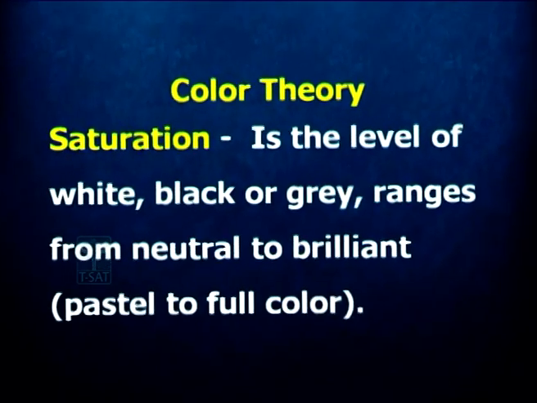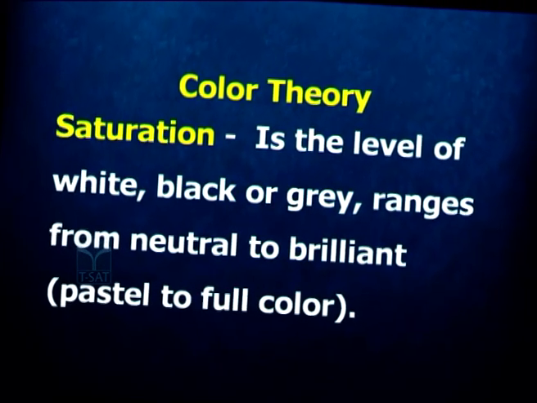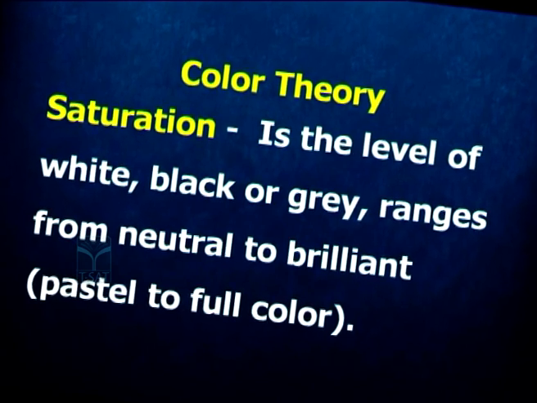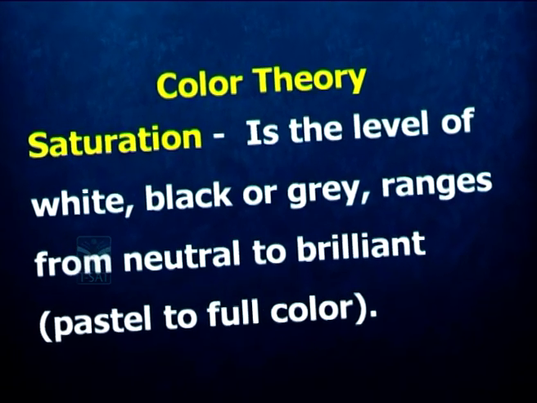So, another important category is saturation. Saturation is the level that moves from the neutral to the brilliance of the color, right. People who use computers, people who work on digital software would know it very well, like how the color attains its intensity.